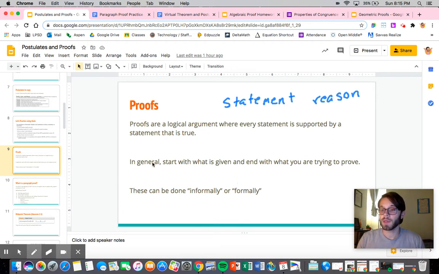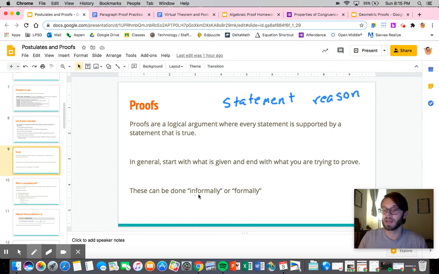And then there's a couple ways you can do these. This first way I'm going to show you is an informal method called the paragraph proof. Later on, we're going to get into some more formal methods. The largest and most commonly seen at this particular level of coursework would be a two-column proof, which is a formal, purely mathematical type of metric.